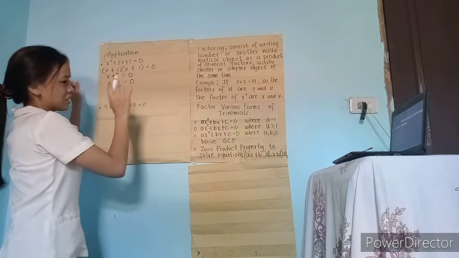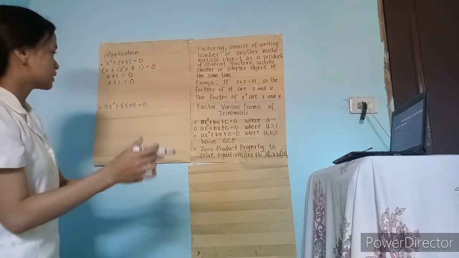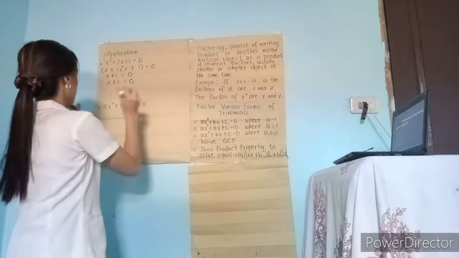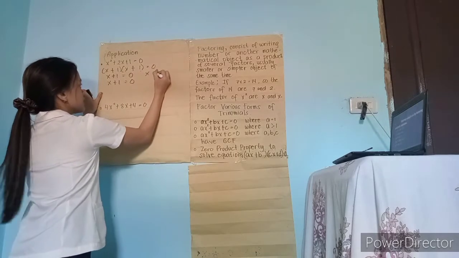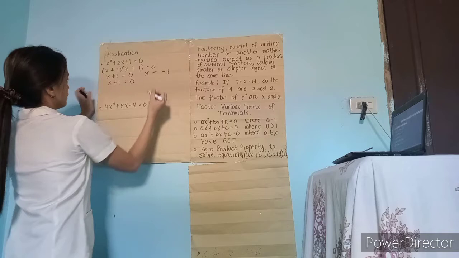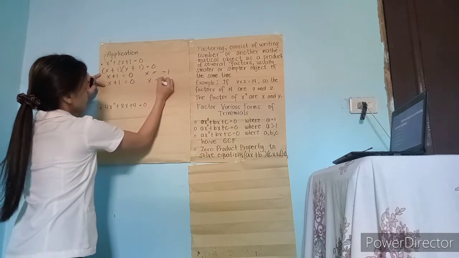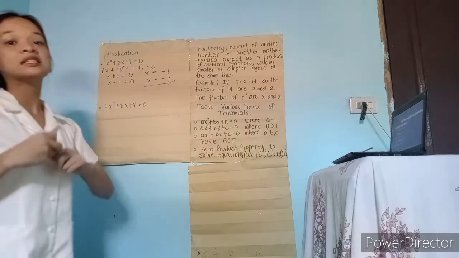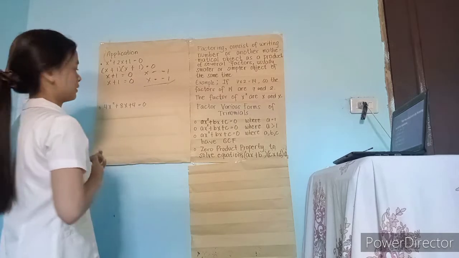When positive moves to the other side, it becomes negative. So we have x is equal to negative 1. Same here, x is equal to negative 1. That's why the value of x is negative 1.